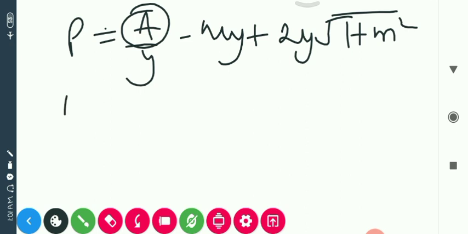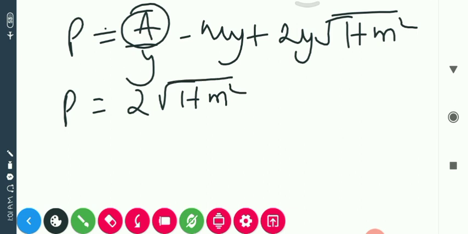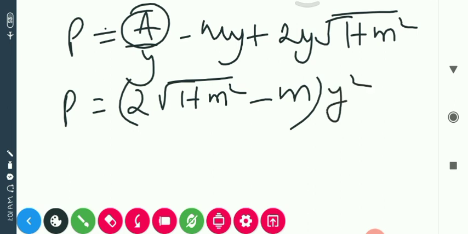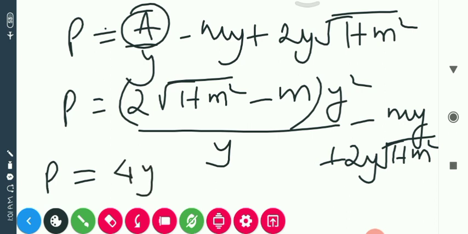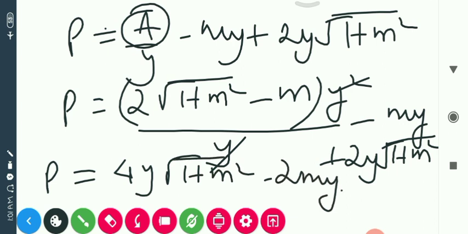We will get P equal to (2 under root 1 plus m square minus m) into y square by y, minus my plus 2y under root 1 plus m square. The y cancels, and the value of P comes out to be 4y under root 1 plus m square minus 2my.